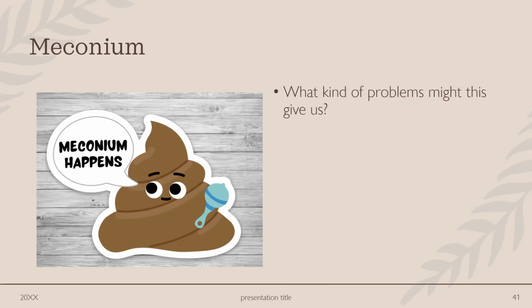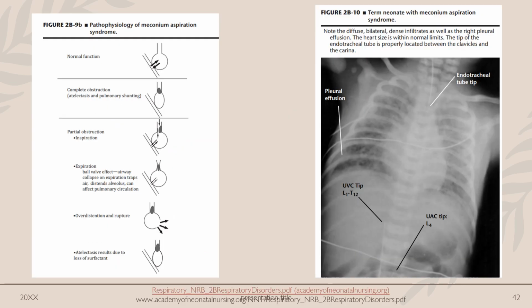Okay, let's talk about meconium. And this will give us a whole different set of problems and can contribute to respiratory distress. So let's talk about meconium in relation to ventilation and perfusion.